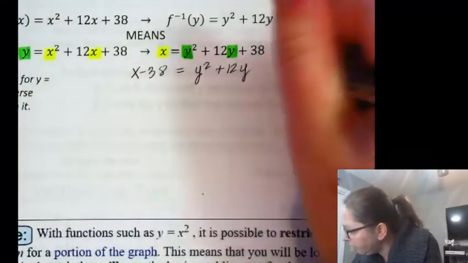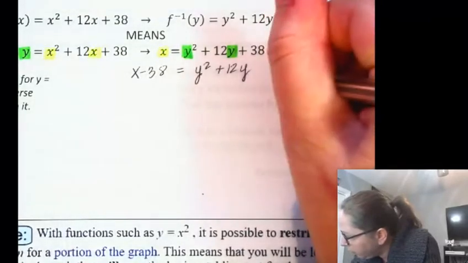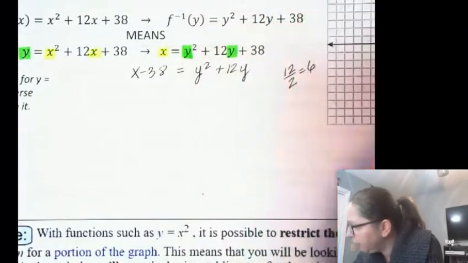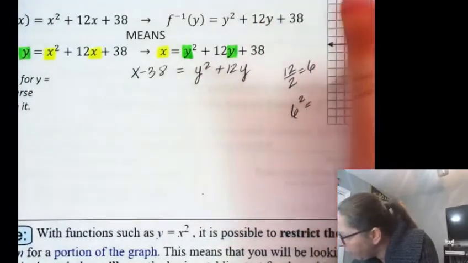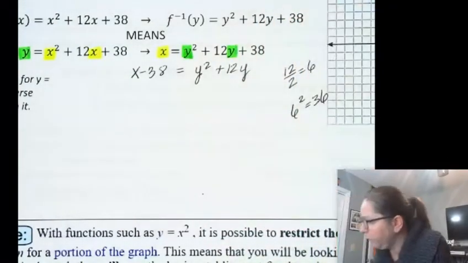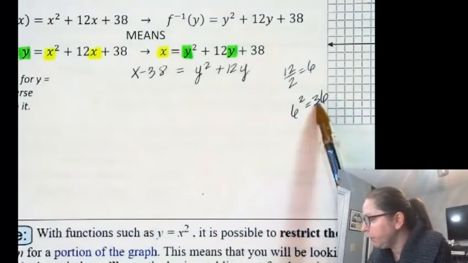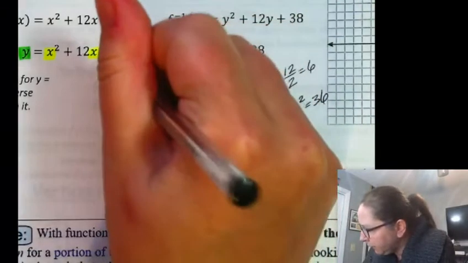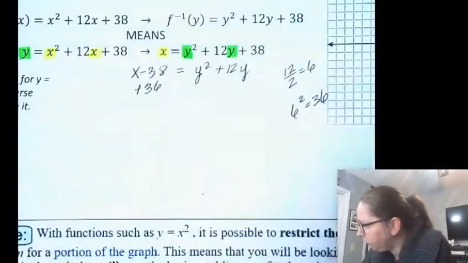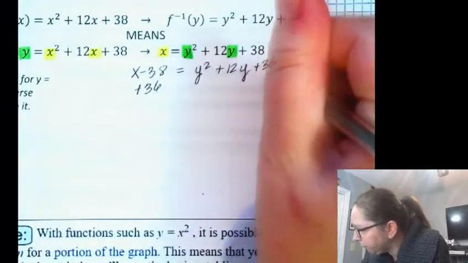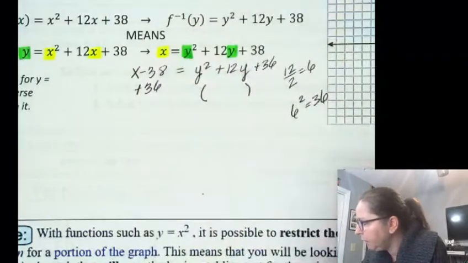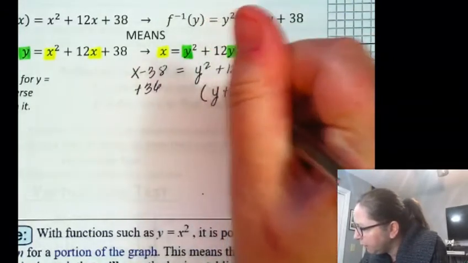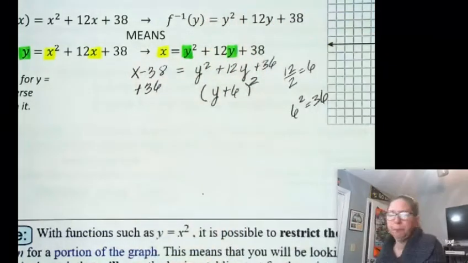So I need to take this 12 and do half of it, and then take that 6 and square it. Okay, so remember, the 36 is what I'm adding to both sides. But then when I factor this, I'm getting y plus 6 squared.